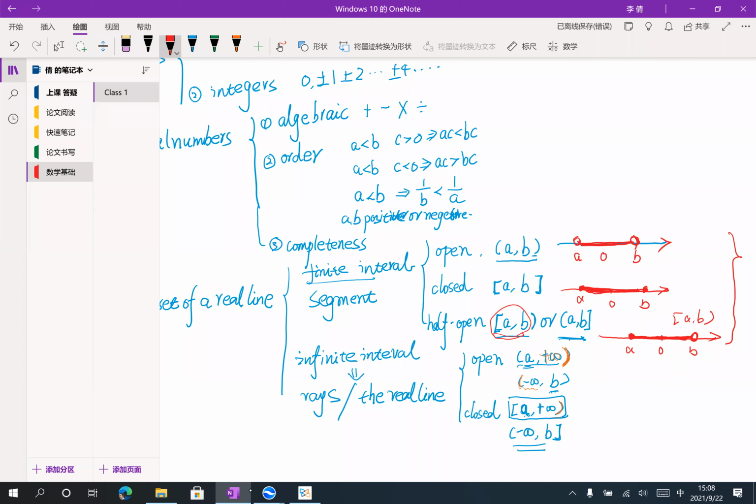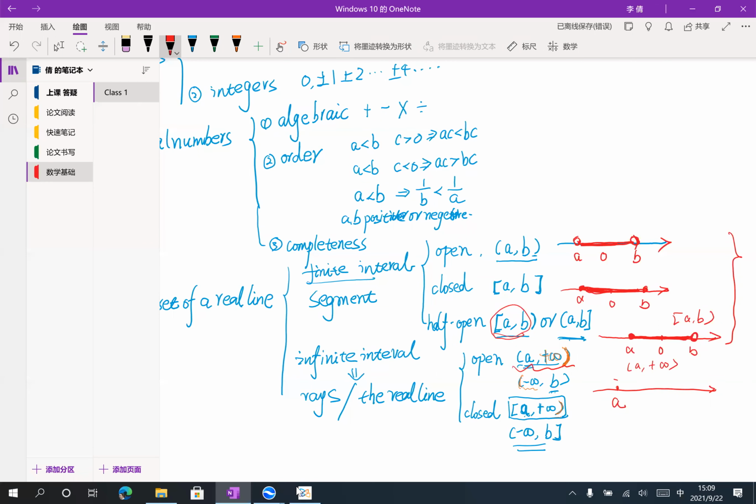And let's see the infinite interval. If this point is A, and this interval is from A to positive infinity, all the numbers larger than A are in this interval.